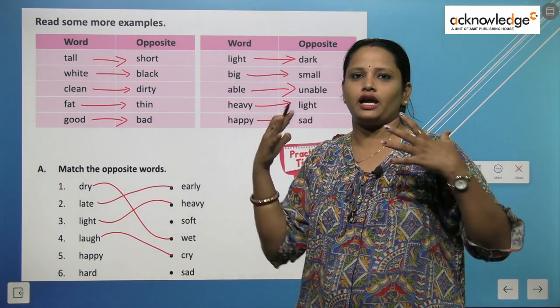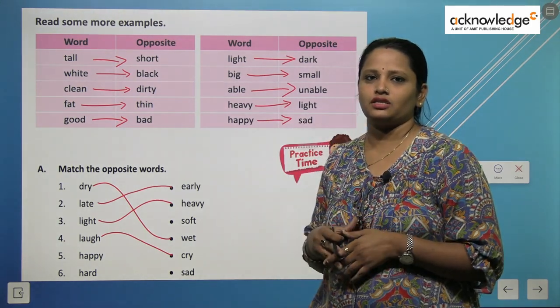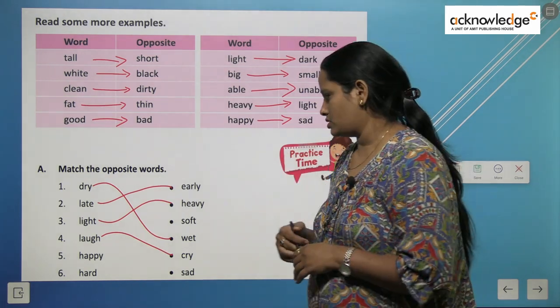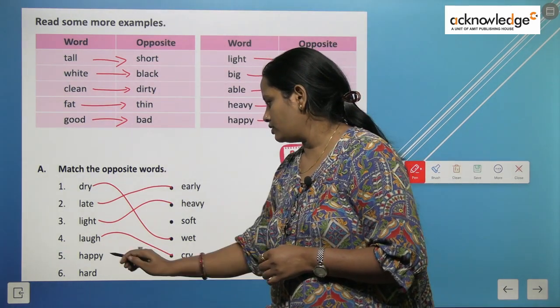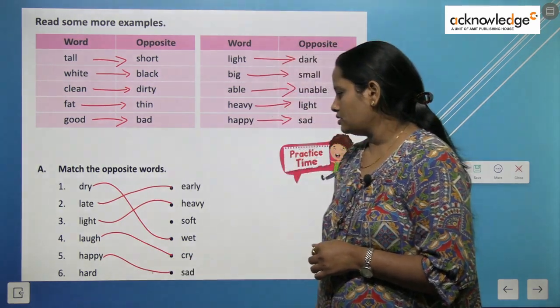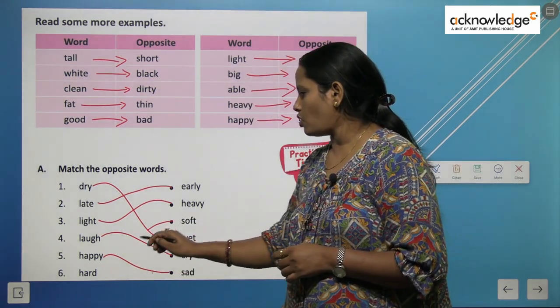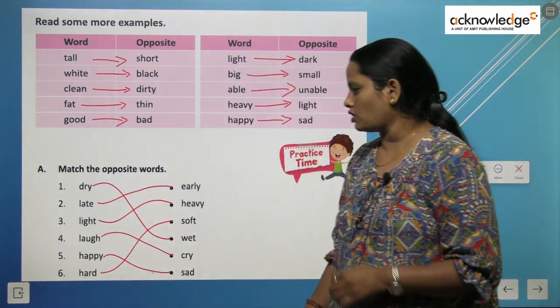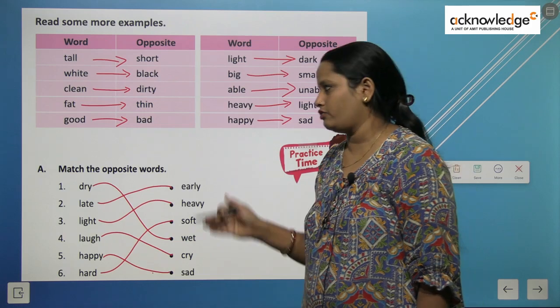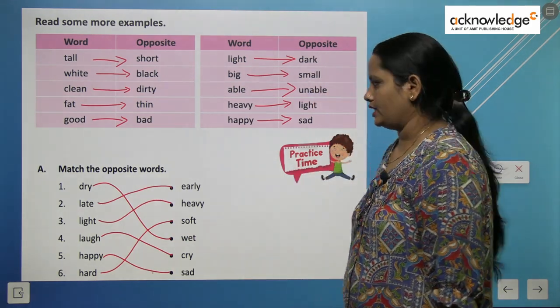Laughing means smiling, being happy, and crying means we are sad about something and we are shedding our tears. Happy, sad, and hard, soft. So, we have matched all the opposites very carefully and correctly.